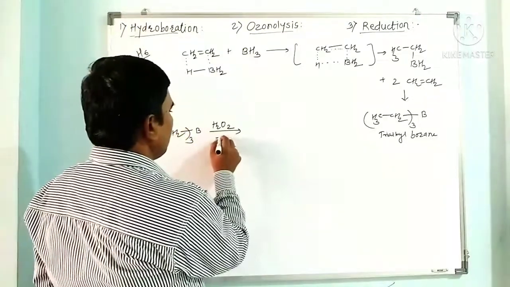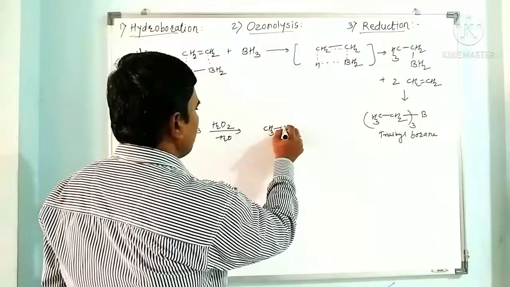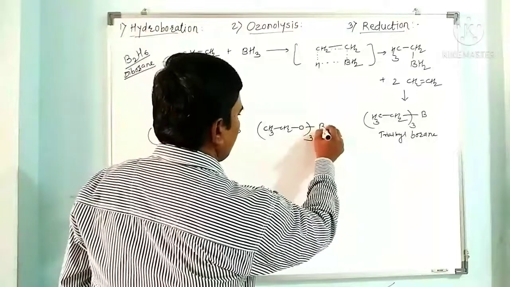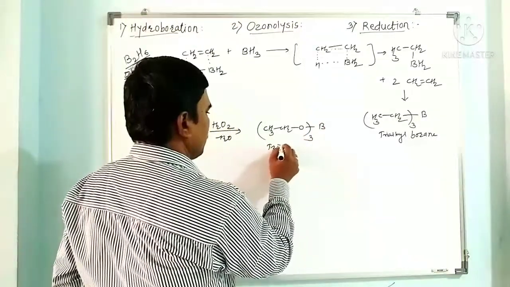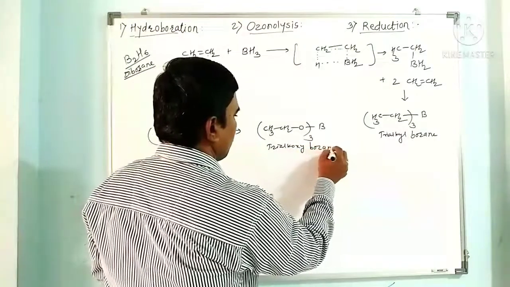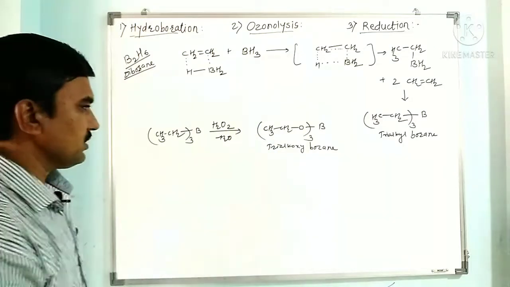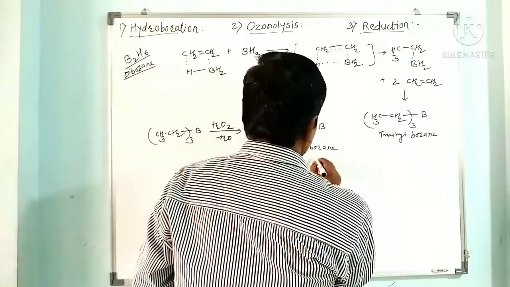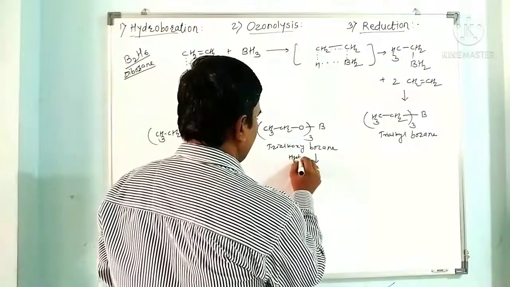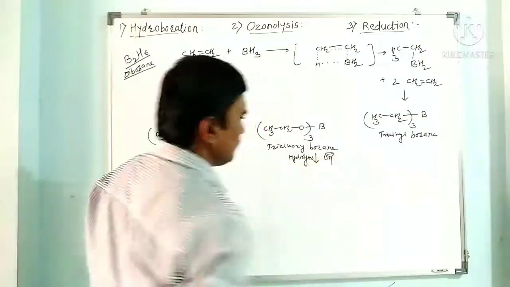So there is a loss of water and we get (CH3CH2O)3B, that is trialkoxyboron. Now this trialkoxyboron undergoes alkaline hydrolysis in the presence of OH minus.